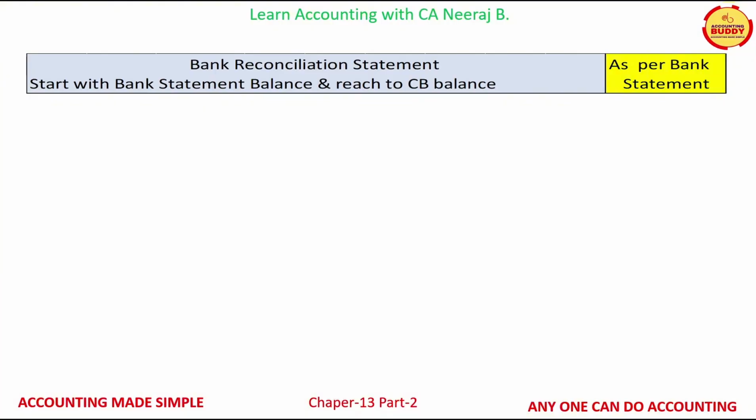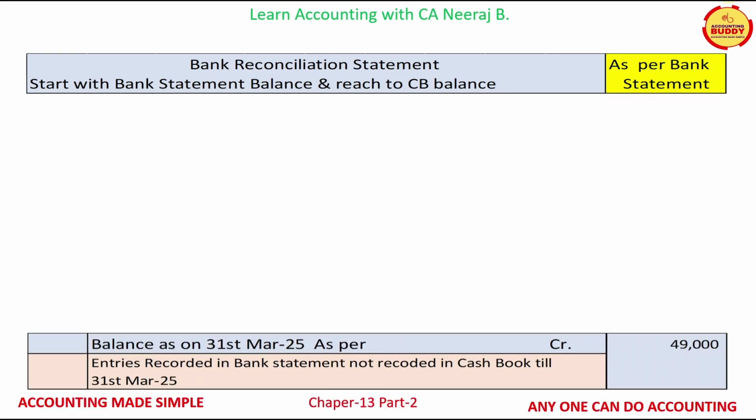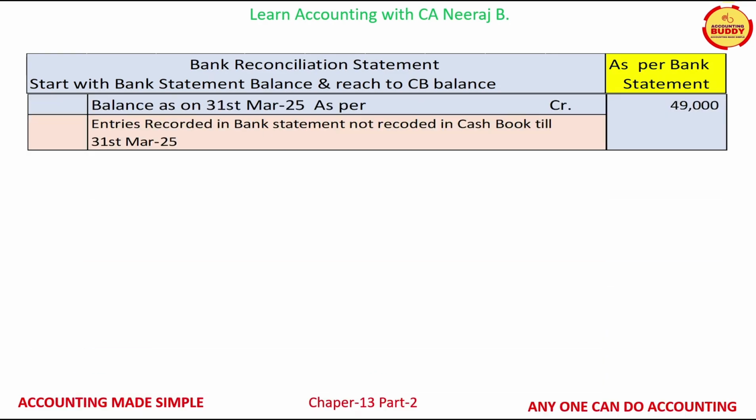Let us now learn how to prepare the bank reconciliation statement when we start with the credit balance as per bank statement and reach the debit cash book balance. We will use the same unmatched transactions used for our previous bank reconciliation statement. The balance as per bank statement as on 31st March 25 is $49,000, which is a credit balance.